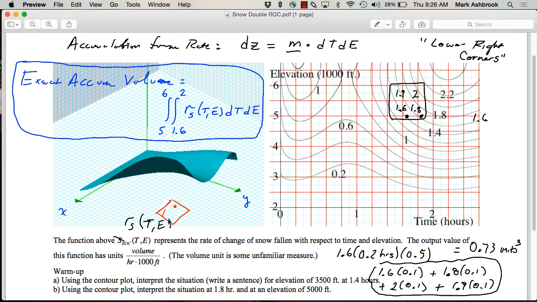So x equals 1.6 would be along here, to 2, and then from 5 to 6 for y is this same rectangle that I carved out. And this double integral then has a geometric meaning, right? Yes, the double integral is the accumulation of this quantity given this multivariable rate function.